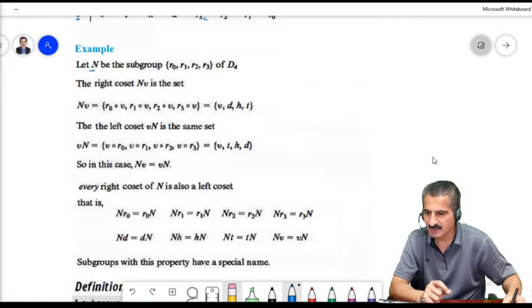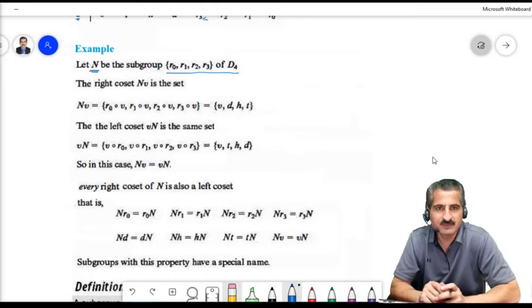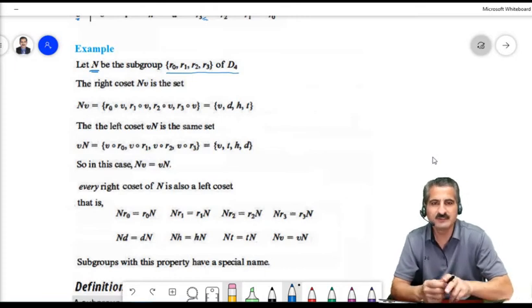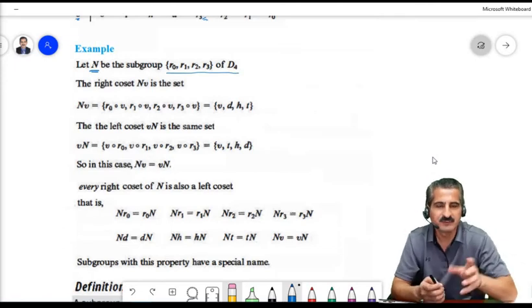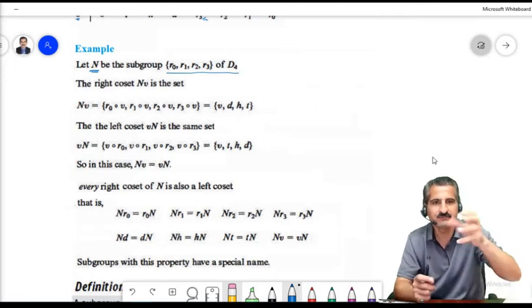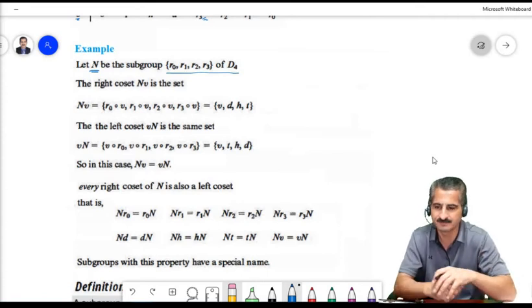So let N be this subgroup of D4: R0, R1, R2, and R3. These are the rotations of the square. They make a subgroup, right? If you have two rotations and compose them, then the result will be one of the rotations in there.